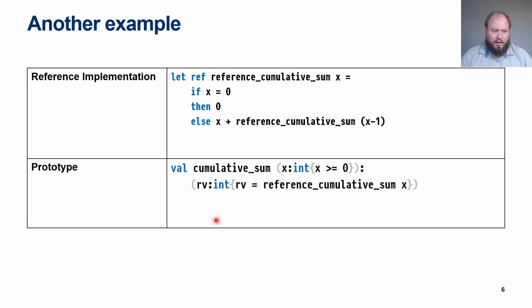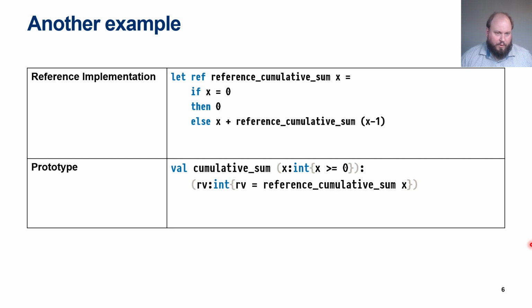And we can define a prototype for the cumulative sum function that says that for some natural number, so for an integer greater than or equal to 0, the return value is going to be equal to the reference implementation as applied to that input. So this is great.